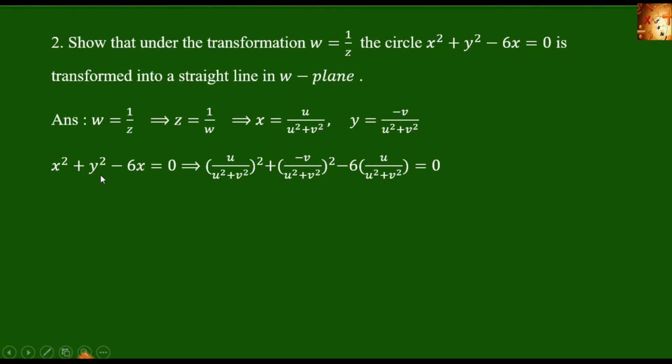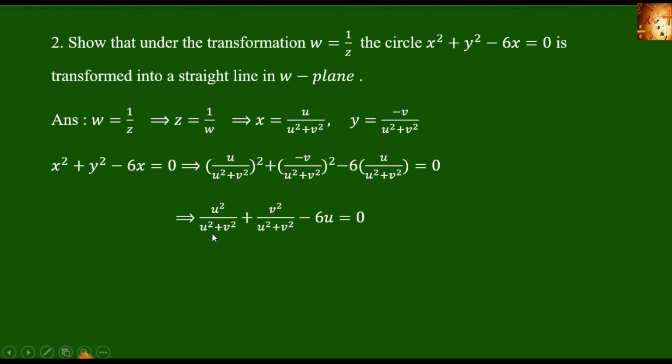So x square plus y square minus 6x equal to 0 implies, substituting for x and y, we get (u by u square plus v square) the whole square plus (minus v by u square plus v square) the whole square minus 6 into u by u square plus v square equal to 0. On simplification, we get u square by u square plus v square plus v square by u square plus v square minus 6u equal to 0.